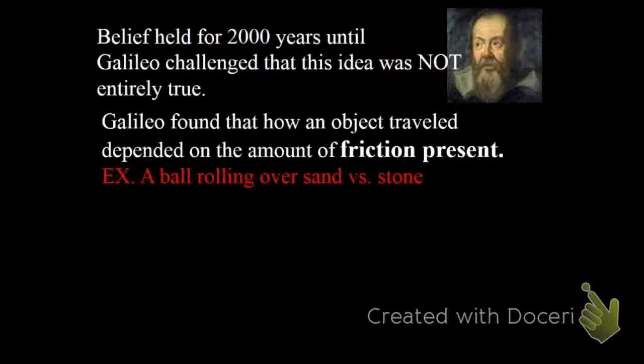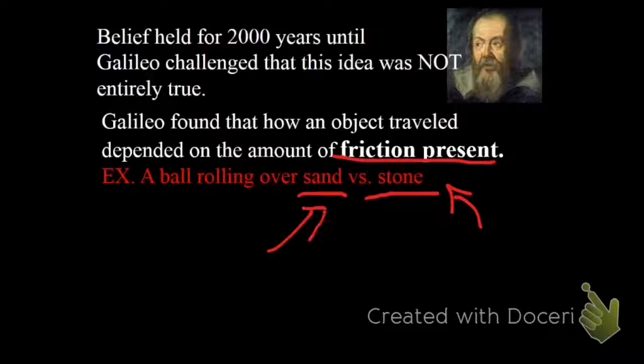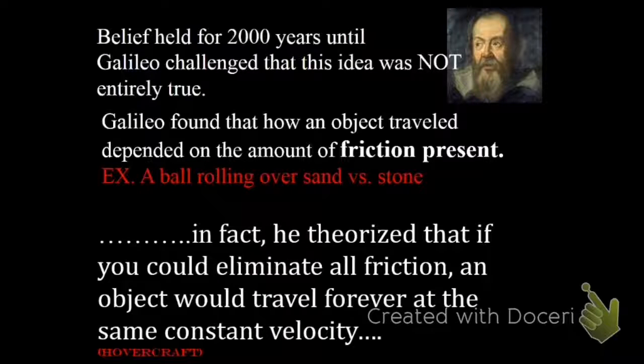He found that there was something called friction that was slowing objects down, and that how something traveled depended on that friction. So for example, you could roll a ball over sand, and you could roll it over stone, and the smoother stone allows the ball to go further, and the sand stops it sooner. So friction was going to be a major player here.